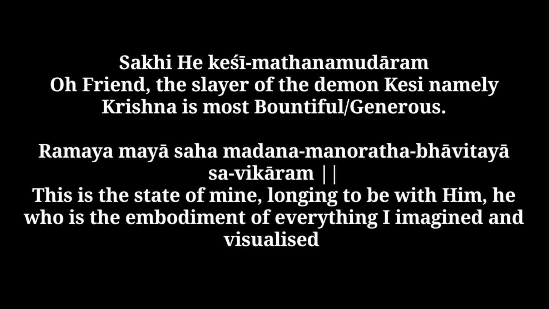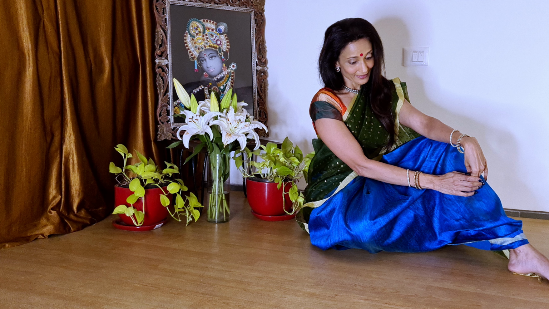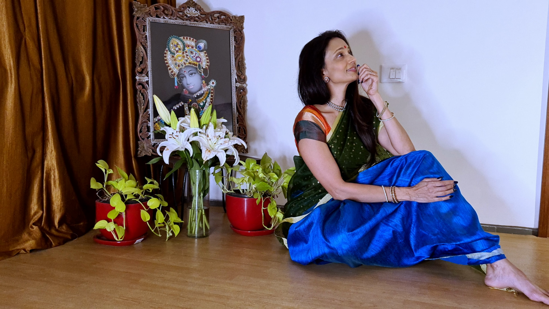O friend, the slayer of the demon Kesi, namely Krishna, is most bountiful. This is the state of mine, longing to be with him, he who is the embodiment of everything I imagined and visualized.